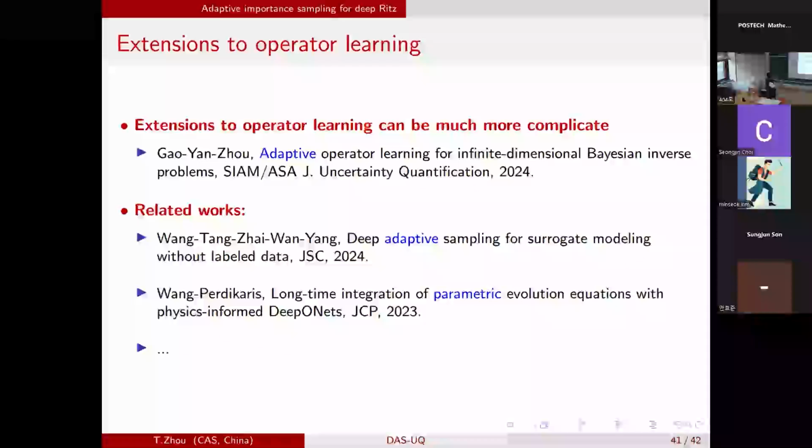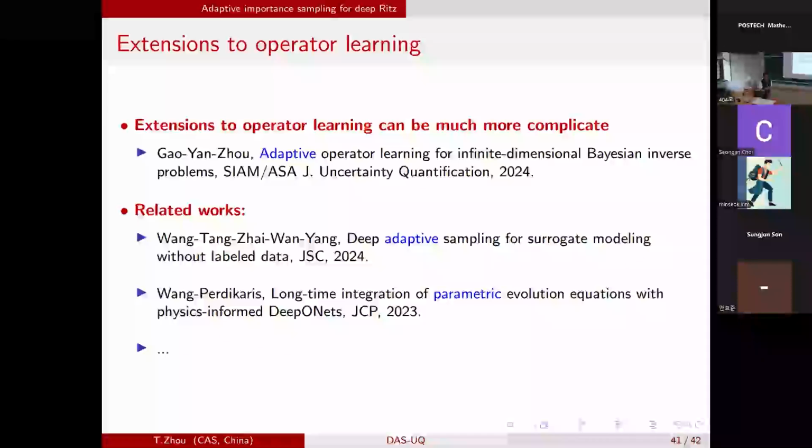I also list another two references for operator learning. They are not for adaptivity, but they indeed give you some ideas for learning the parametric operator. And in this paper, there is an adaptive sampling for this parametric model.